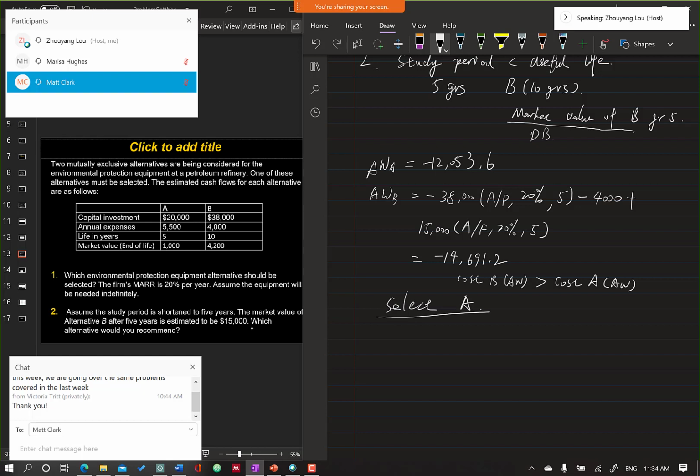Then we need to know the market value at the end of the study period of the project with the longer useful life. We recalculate the annual worth of that project based on the current study period, compare the annual worth of these projects, and make the selection.